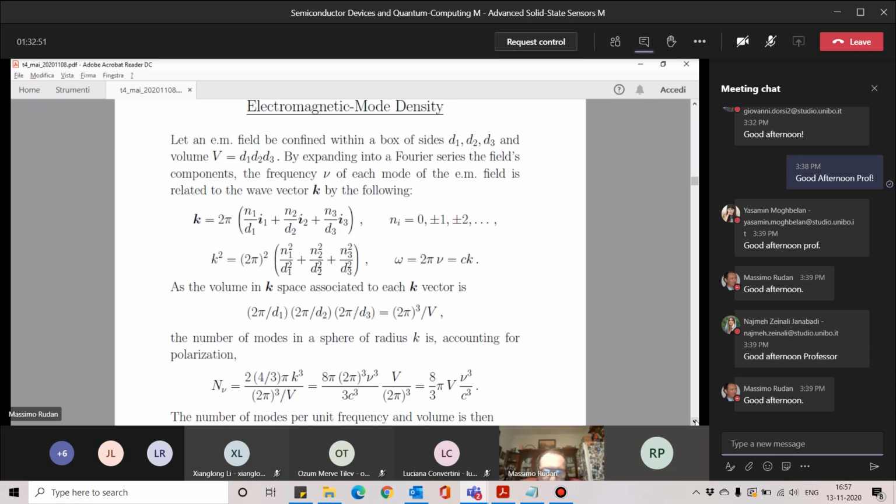Then we have the similar element for axis 2 and 3. So this is the definition of the wave vector associated to the individual frequency of the radiation in the Fourier expansion.